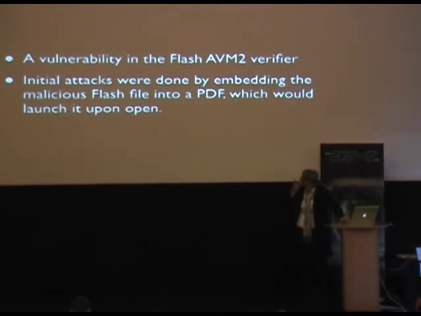And embedding stuff. This was one of the Flash vulnerabilities from last year, and the initial attacks using this were embedding the Flash file in a PDF and mailing it out to a couple of certain targets.